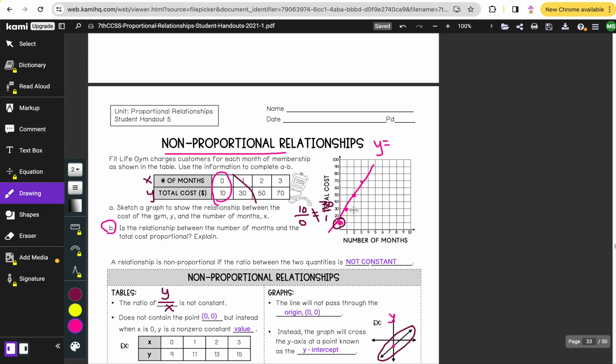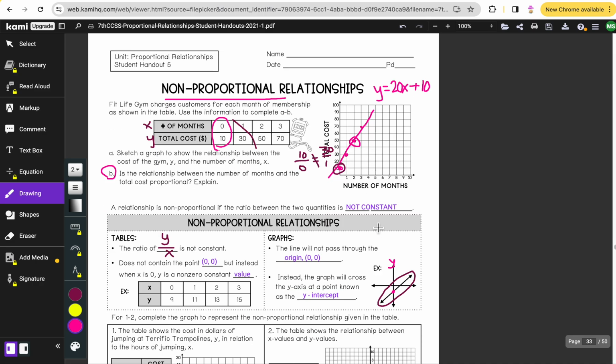There is a straight line. So I have essentially the number of months multiplied by 20, but then we added that $10 in the beginning. So if I wanted to know for any number of months, 2 months, 2 times 20 is 40, and then plus that 10 is how we would get that 2 months cost $50.